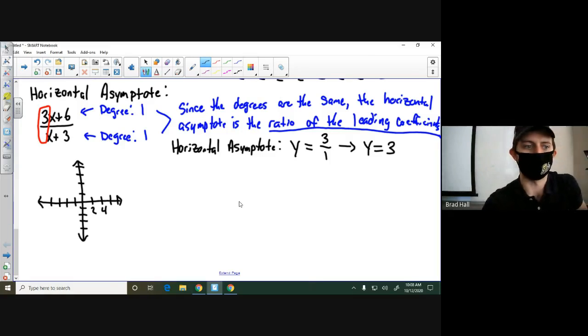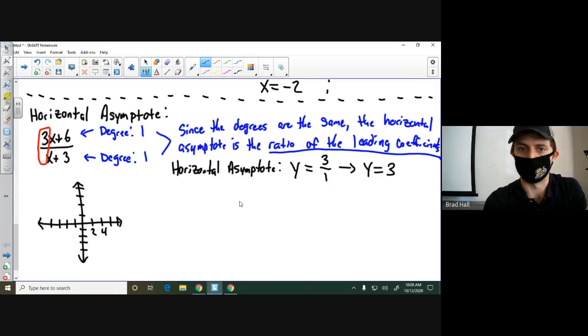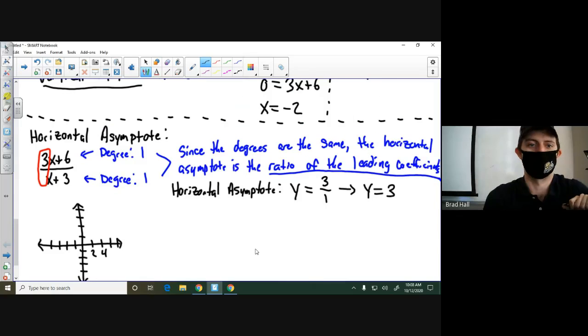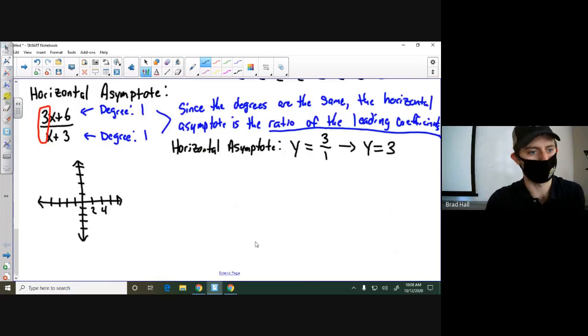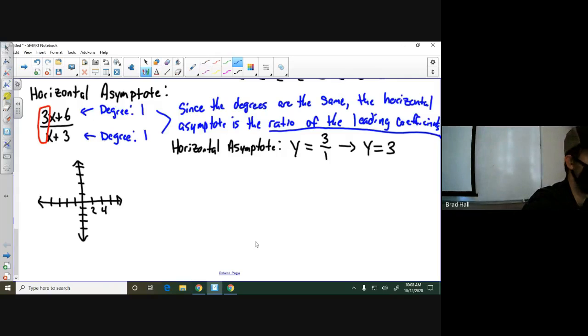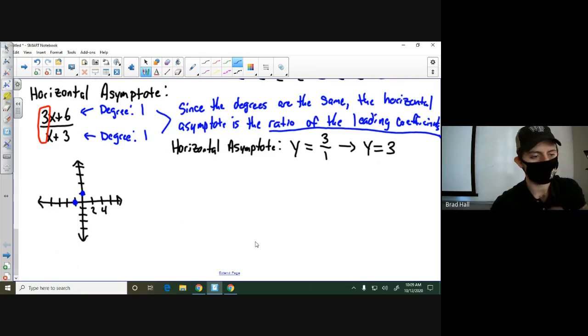So the first thing we can plot are any definitive points we have, which are the intercepts primarily. We have 2 intercepts, -2, 0 and 0, 2. So -2, 0, 0, 2. Remember, these go in increments of 2s.